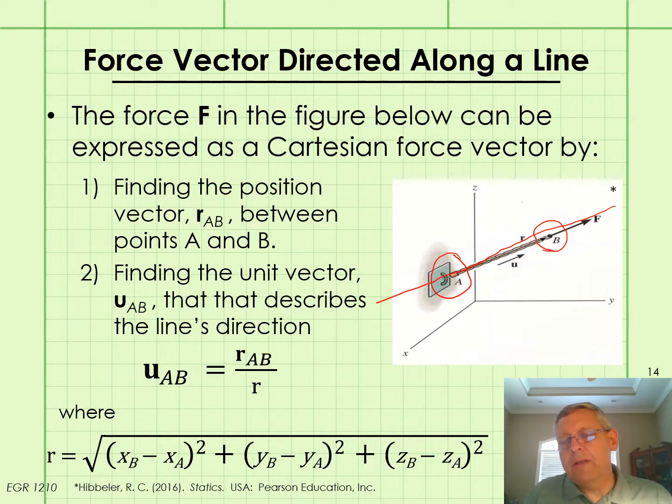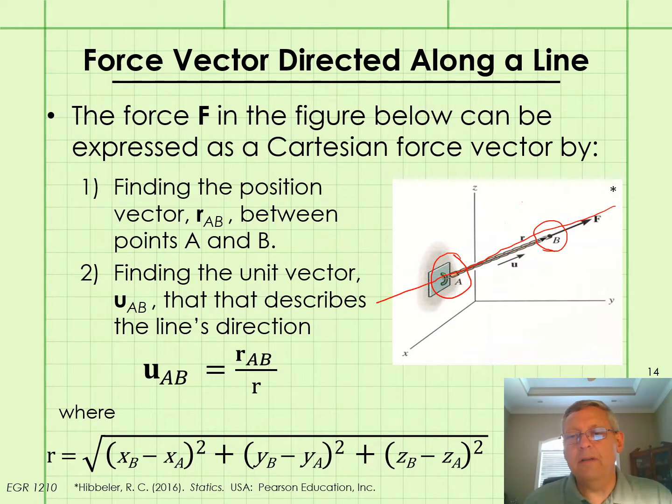In situations like this, where whether it be a chain, a cable, a rope, we have a 3-step process that allows us to determine the force in terms of a Cartesian force vector. The first step being finding the position vector r between points A and B.